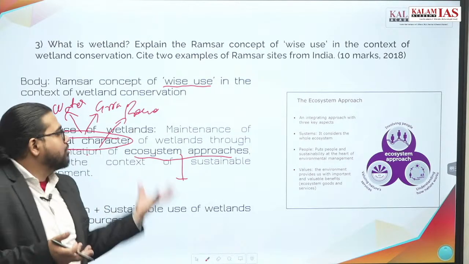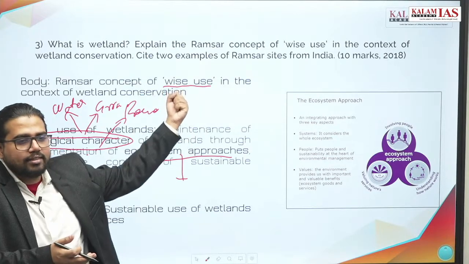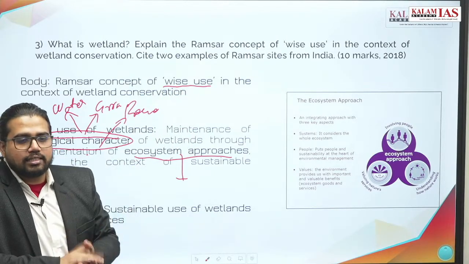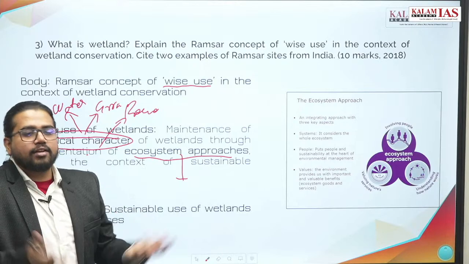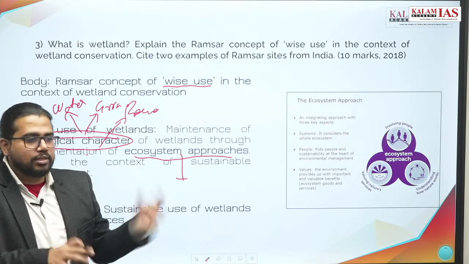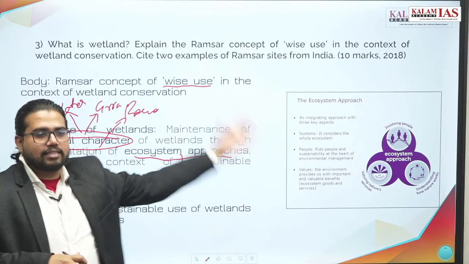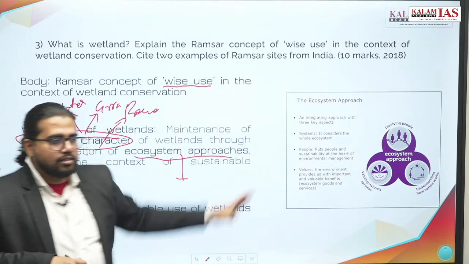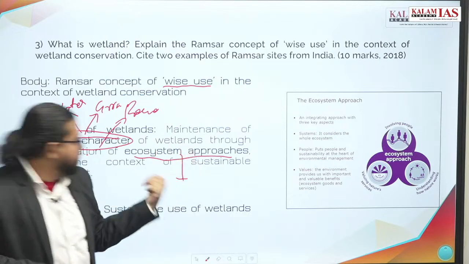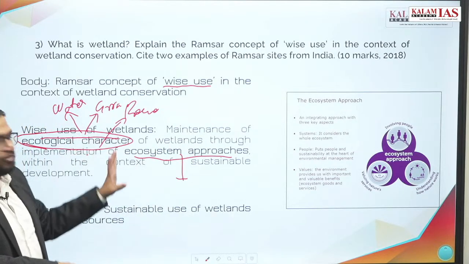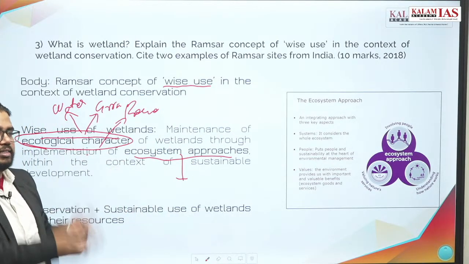All these have a certain stake in this wetland, and they should be given consideration. If you are making a design or plan, or doing some construction there, all their needs should be considered in the planning and in the design. That is the ecosystem approach. So 2 basic keywords you should remember, then you can juggle with them.